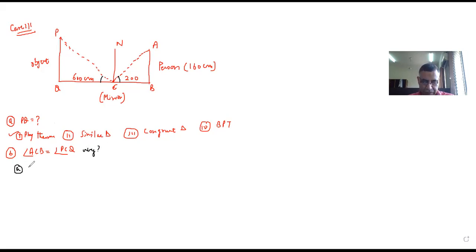First is angle I equal to angle R, angle of incidence and angle of reflection are equal. Second, corresponding. Third, alternate interior. Fourth, right angle.